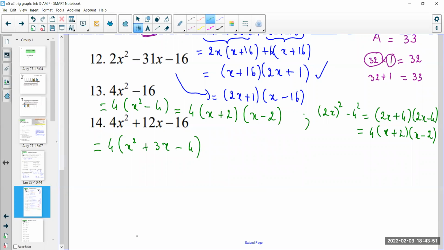Two numbers, 4 and 1 would work. So you would say x 4, x 1. The positive one has got to be the bigger of the two, because I've got positive 3 here. So then that's plus 4 minus 1. And that's how you would get your 3 marks for this one.